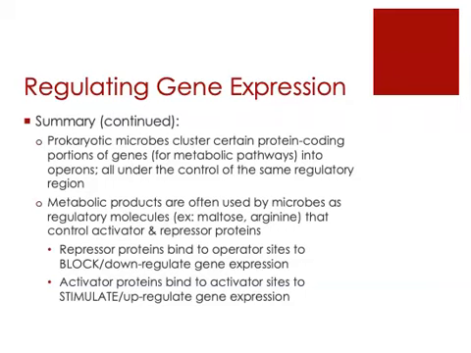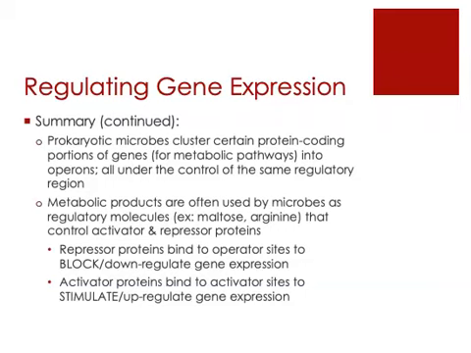Metabolic products are often used in microbial cells as regulatory molecules. For example, the maltose we talked about and the arginine we talked about. Those metabolic products are going to control activator proteins and repressor proteins, and therefore control the transcription of the operon.